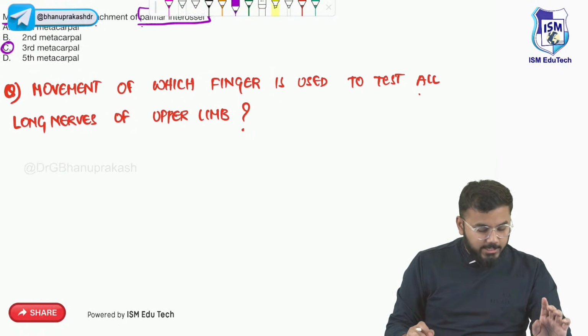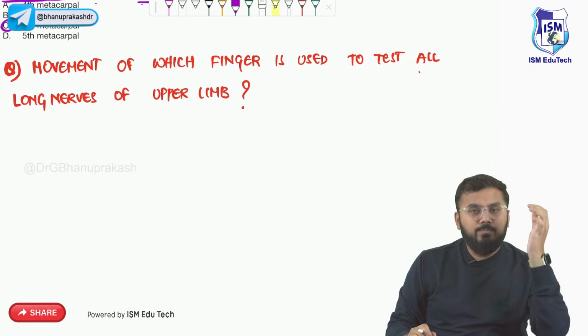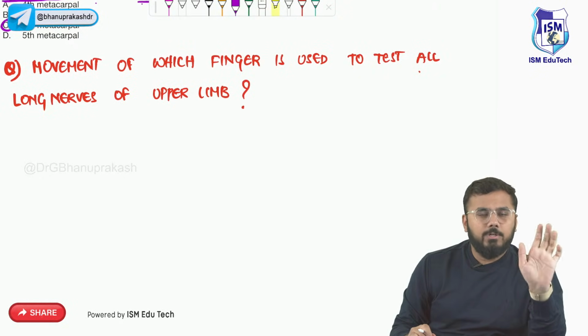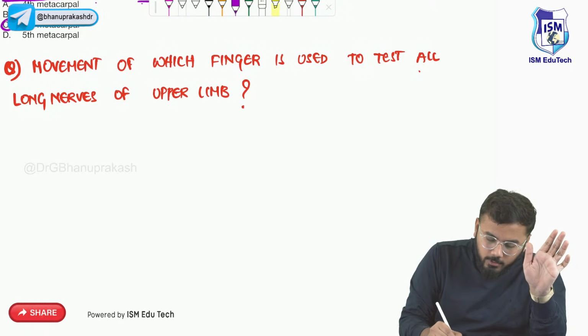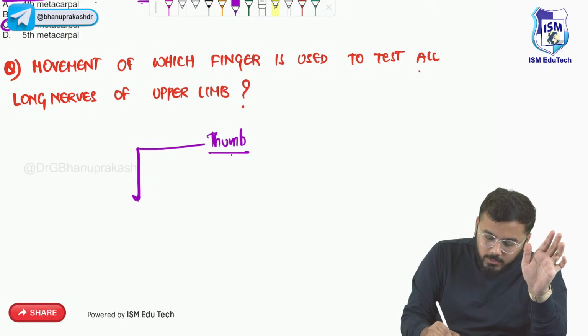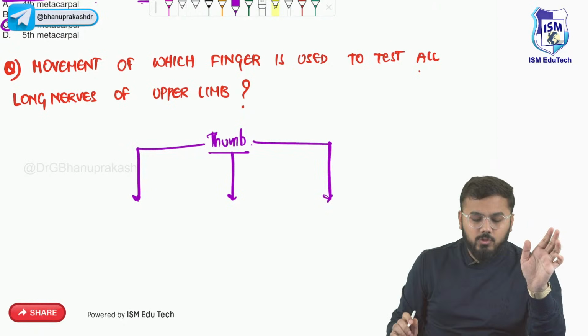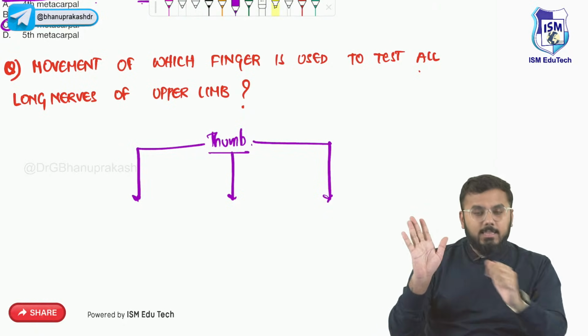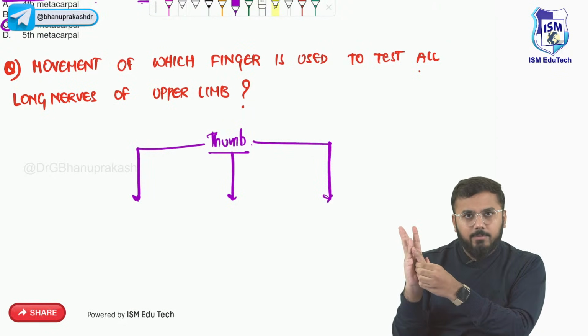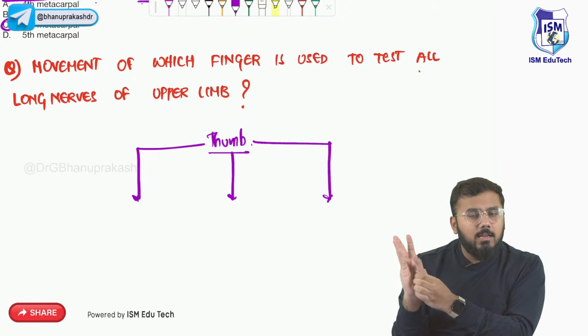Very good. Next important thing is that, guys, we have already studied the movements of the thumb, right? So all of you look here. This was a question which was previously asked. The thumb is responsible for opposition function, and what was that muscle?